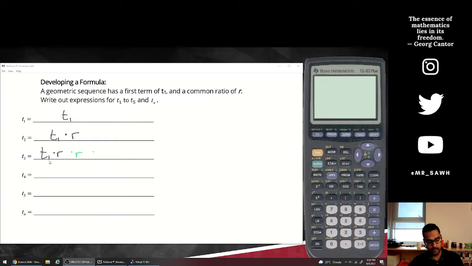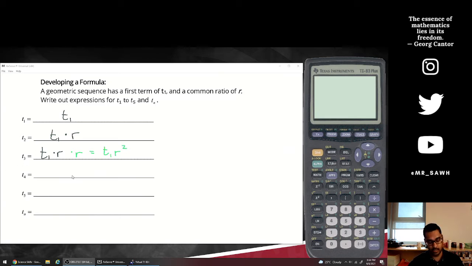What you'll notice is that it's very similar to arithmetic in the sense that whatever you're multiplying your first term by, you'll do that one less times than the number of your term. So let me put that into other words. Term 3 is going to be made by multiplying by your common ratio twice, always one less than your term number.